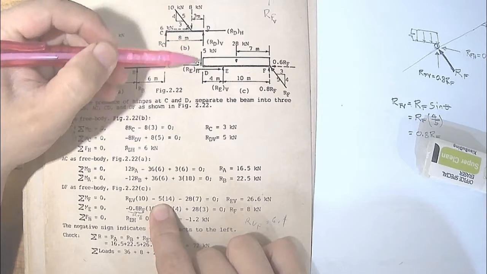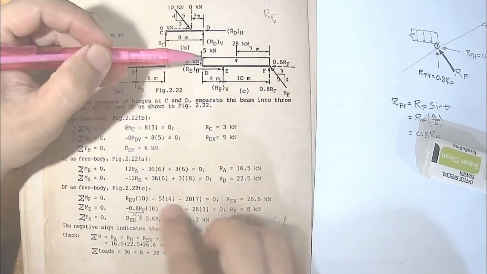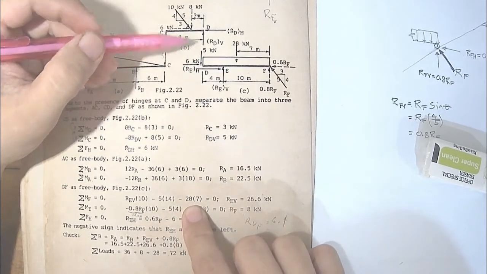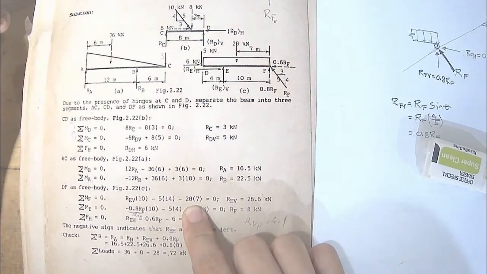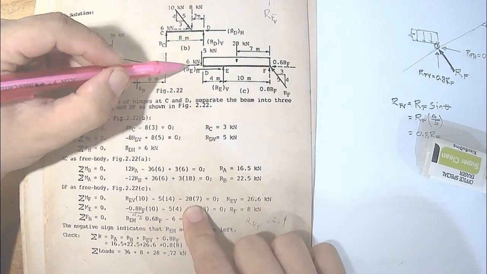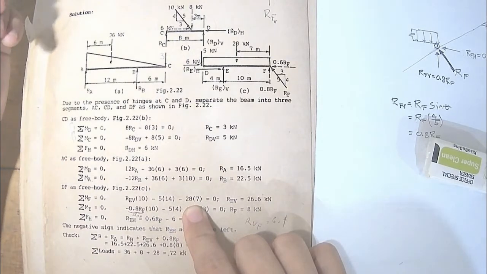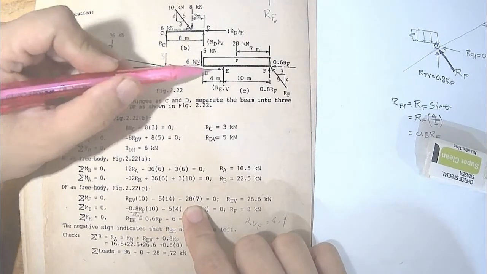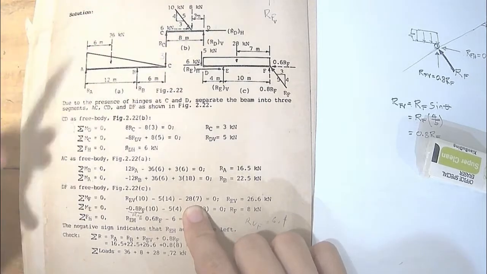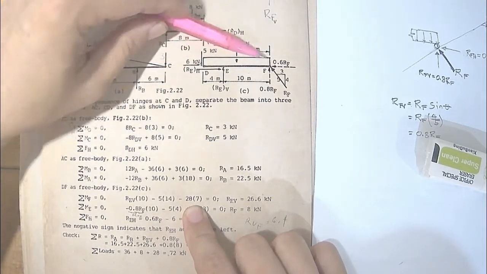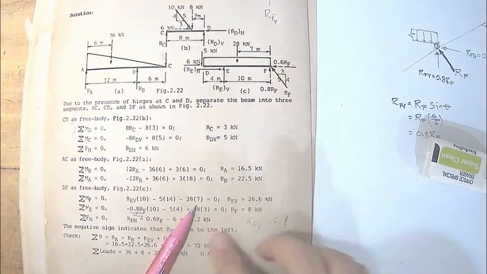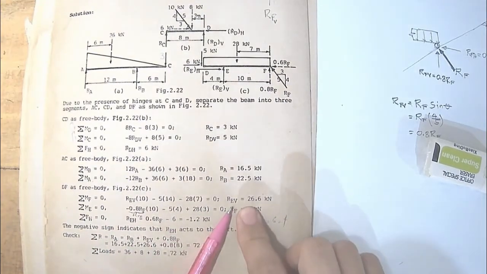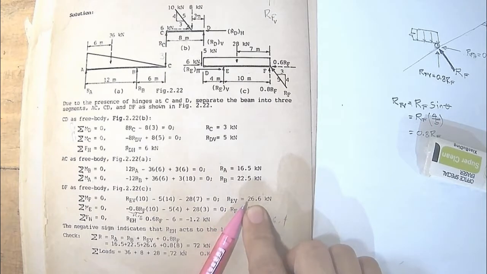The 5 is this one, and then the lever arm of 14. Minus 28 times 7. This is the lever arm of 7. Is equal to 0. The 6 kilonewton we did not include, and the reaction EH is also not included, because these horizontal forces pass through F. So from this equation, you can now get reaction at E vertical is 26.6.